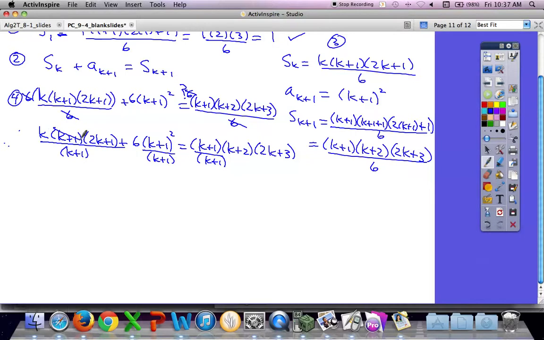That cancels this, it cancels one of these, not both, and it cancels this. So now we've got k times 2k plus 1 plus 6 times k plus 1 equals k plus 2 times 2k plus 3.